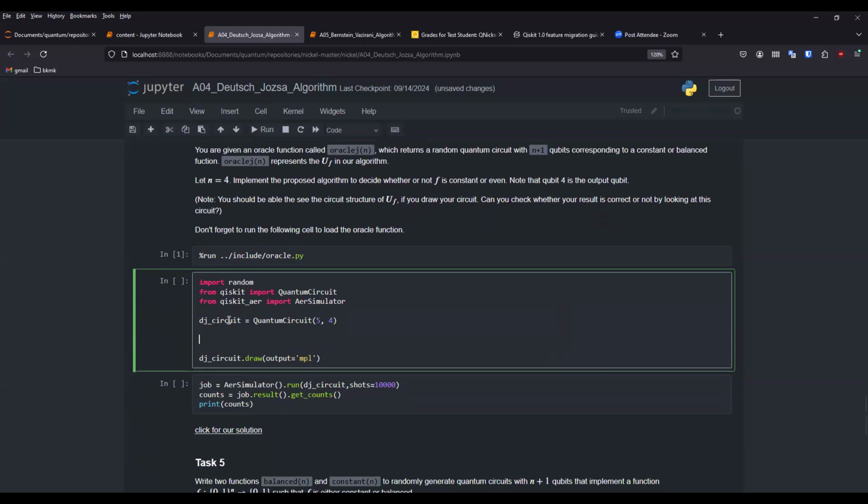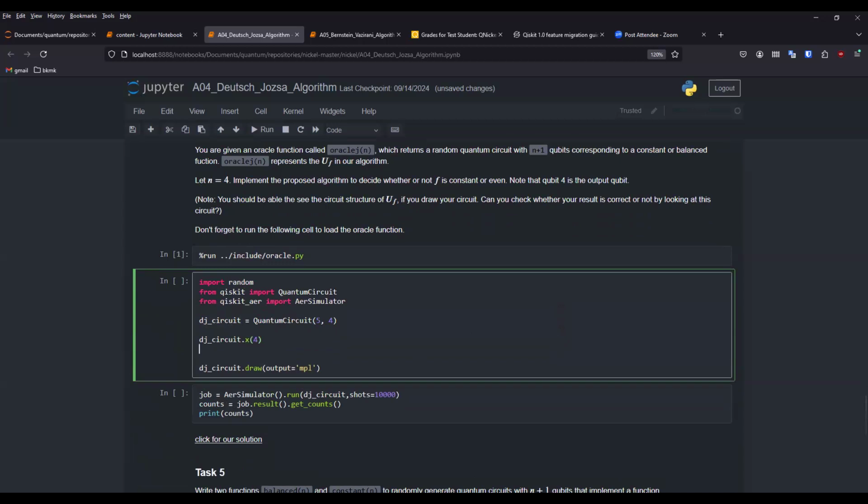So let me copy that. Next, the Hadamards. Let's use range so that I don't have to write that much. So it will be from 0 to 4.